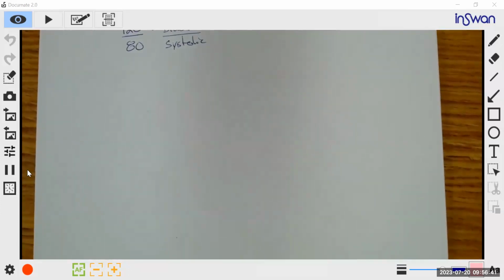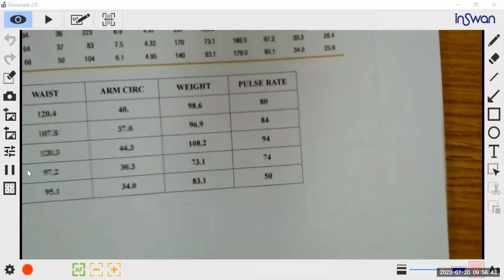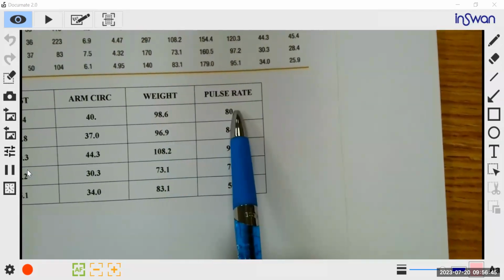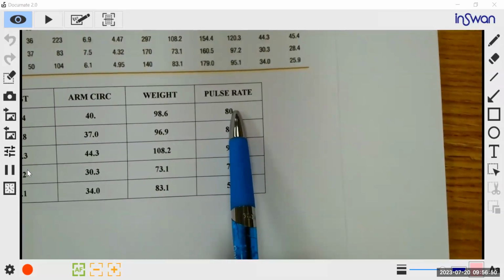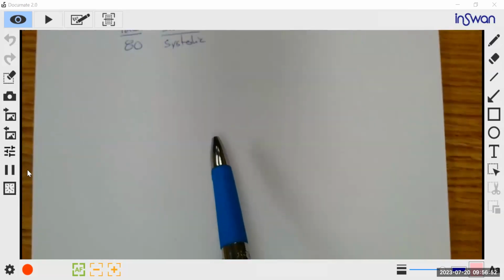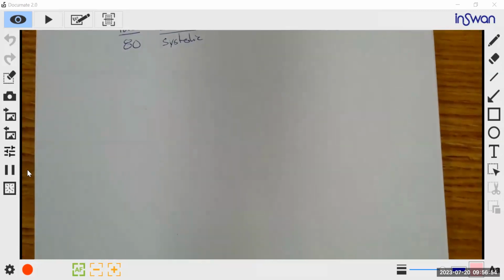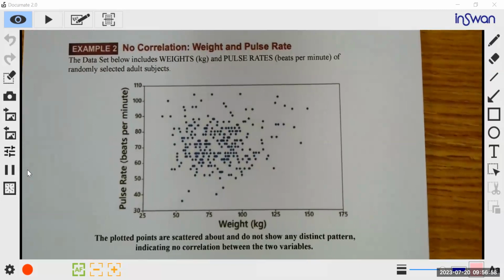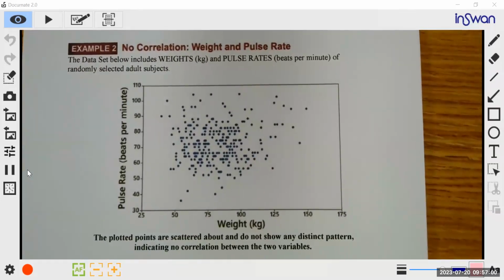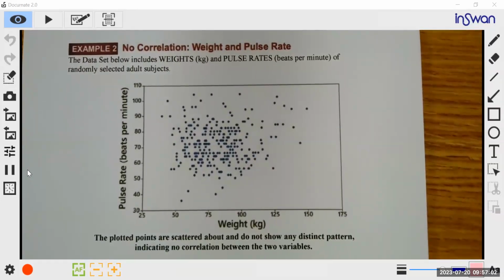Okay, the next example, we're going to look at the weight and the pulse rate. And this is what the data would look like. What do you notice there?